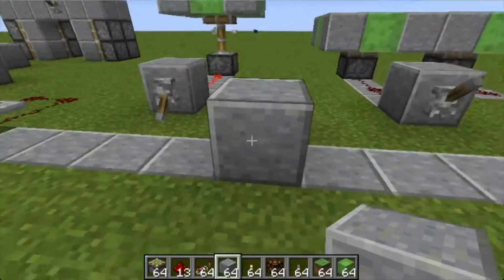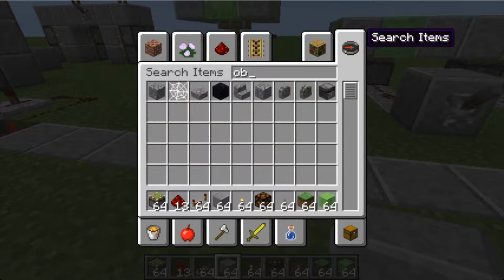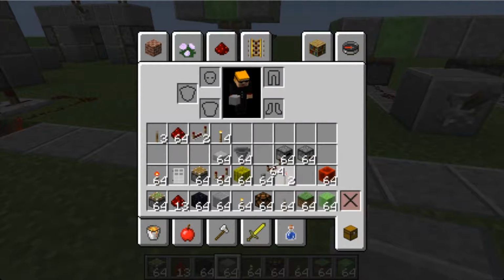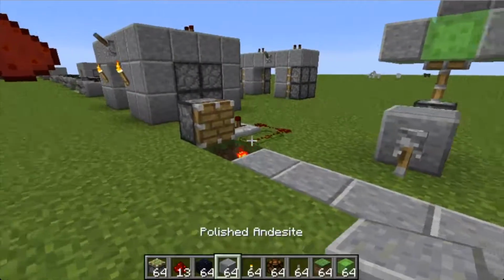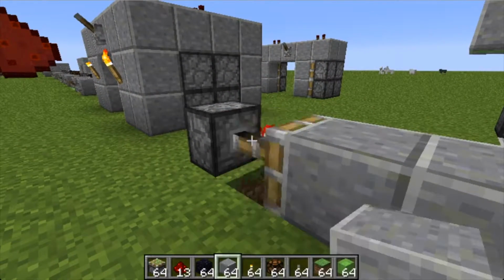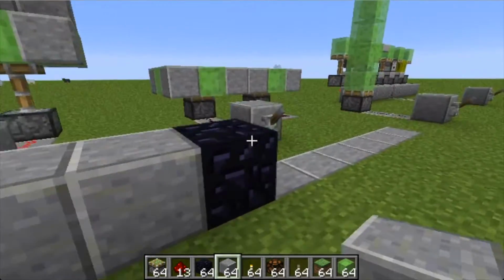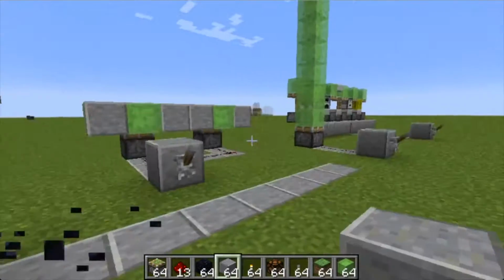That's the furthest block I wanted to be able to push. Well, what I can do is take an obsidian block and put it right here. And now what we'll see is we can put blocks into our system, and it will push them all the way until they hit the obsidian block, not until they hit the maximum of 12. So that is something else to keep in mind.